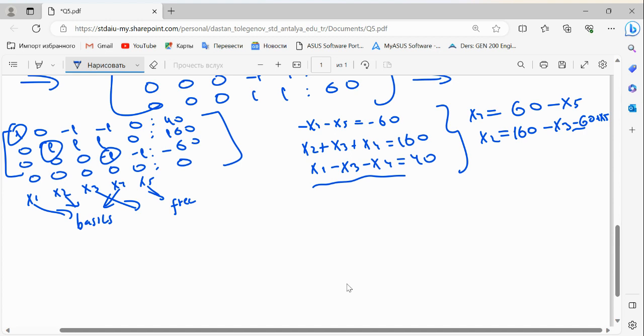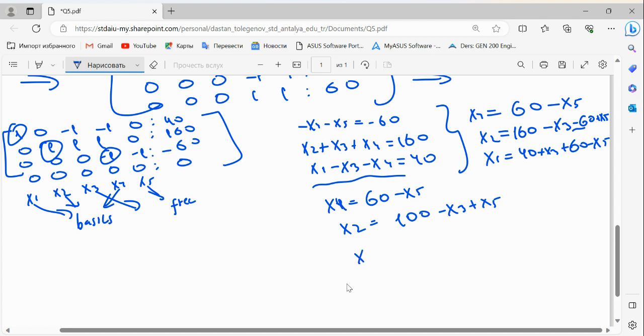So x1 equals 40 plus x3 plus 60 minus x5. Let's rewrite it again. x2 is 100 minus x3 plus x5, and x1 is going to be 100 plus x3 minus x5.